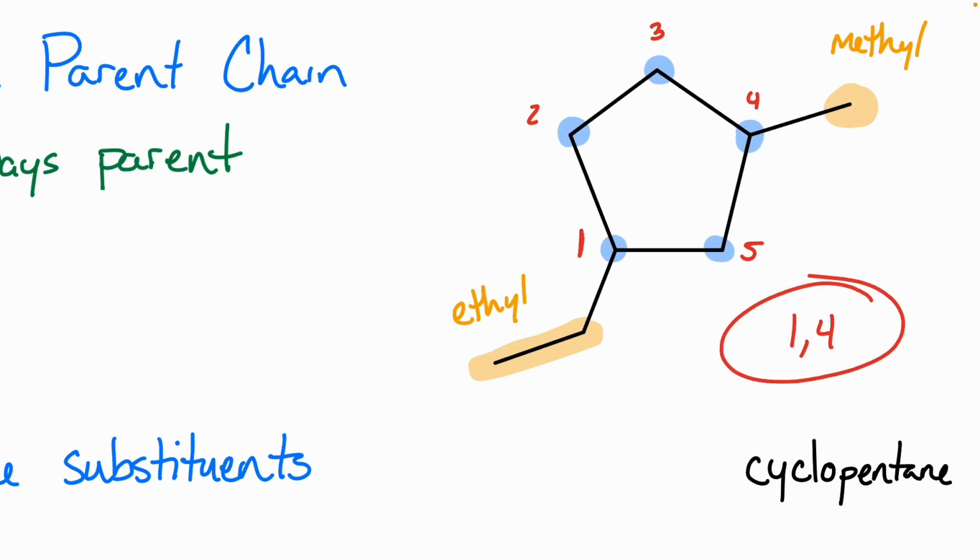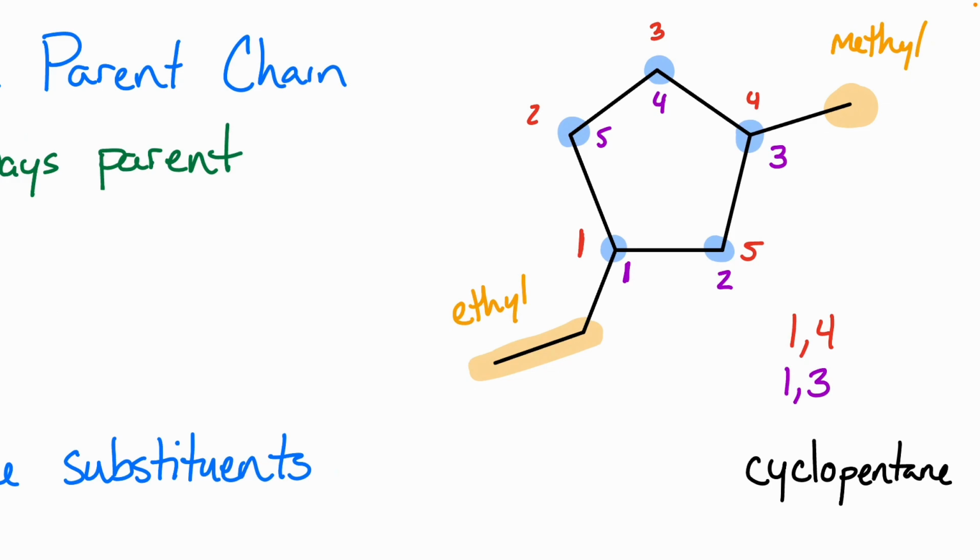Maybe you were able to do this step lazily before, where you didn't list these numbers, but there are going to be so many more options that it's really helpful to keep track of what your numbering schemes are giving you. Then I'm going to do in purple going the other way. My ethyl group is still 1. 1, 2, 3, 4, 5. So in purple it's 1 and 3. Which one am I going to pick here? Stick with red or purple? Which one's better? Purple.